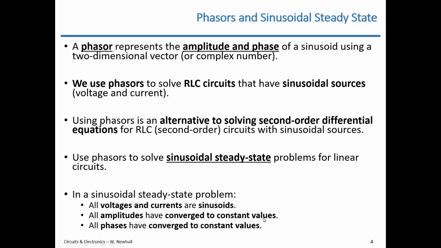Okay, so I want to move over to the whiteboard and talk about this a little bit. I want to show you what we're going to do basically graphically, and then we'll move on to a mathematical definition of phasors. So let's switch over to the whiteboard.